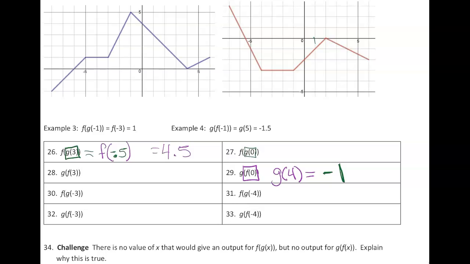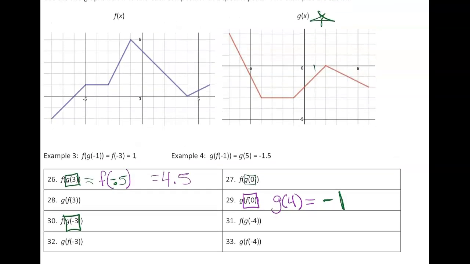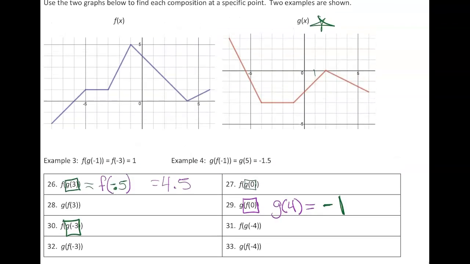I'm going to start on 30. I'm going to go for G of -3. So I'm going to use my G graph. I go to -3. 1, 2, 3. Keep in mind we're doing x's right now.